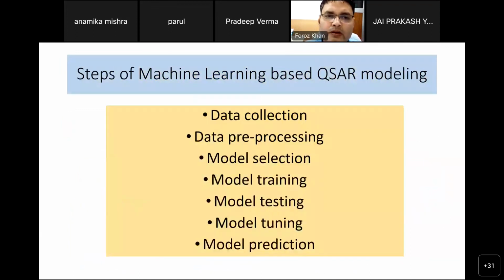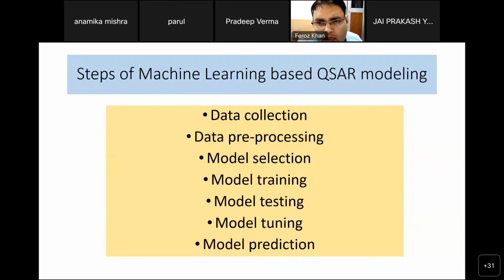Data. And while developing any model, especially the QSAR model or QSPR model or the QSTR model, QSAR means quantitative structure activity relationship model. While the toxicity related model is also developed, where we use the quantitative structure toxicity relationship model.